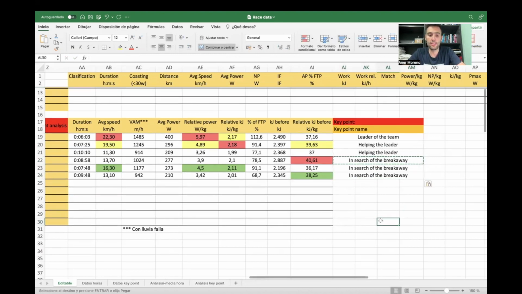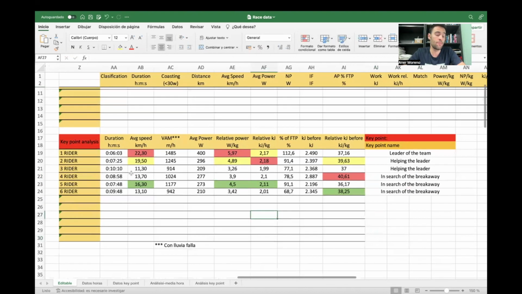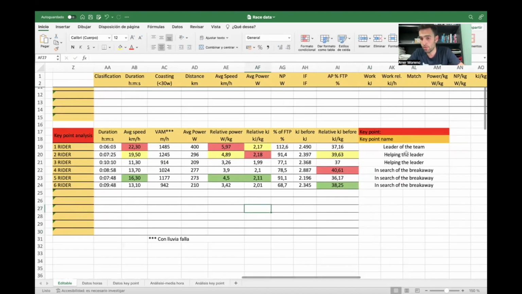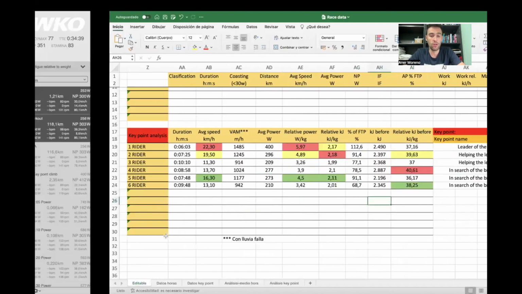This is the analysis that can also be made by the sport director or the performance manager if he's on the race or if he has spoken with the sport director.